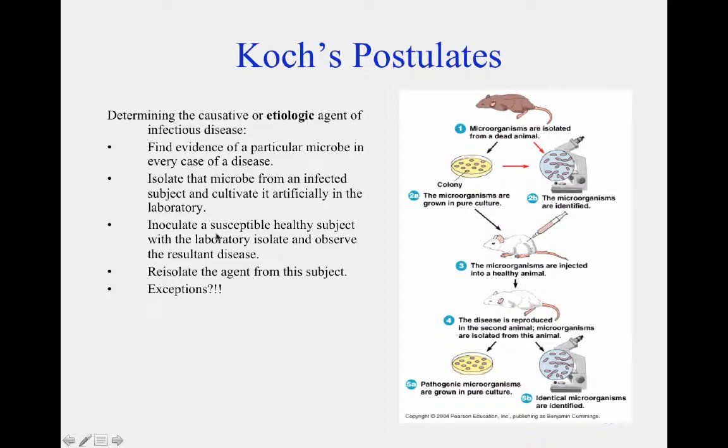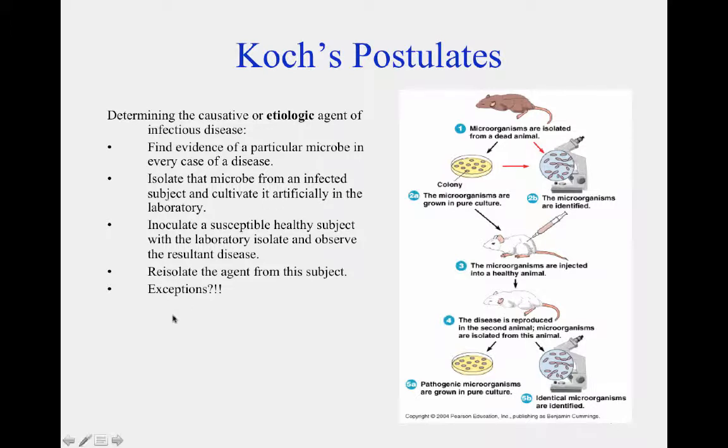What about the third one? Inoculate a susceptible, healthy person and see disease. Well, if you have immunity, if you've been previously exposed, let's say you've been vaccinated, you're immune. You will not develop disease, right? And then the last one, re-isolate the agent from the same subject. Pathogens, as they replicate, will change over time.